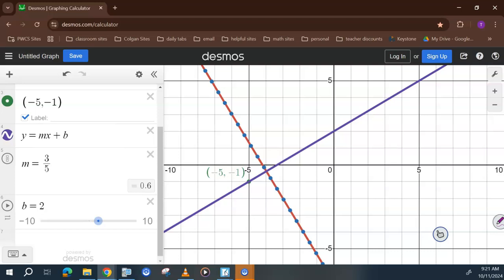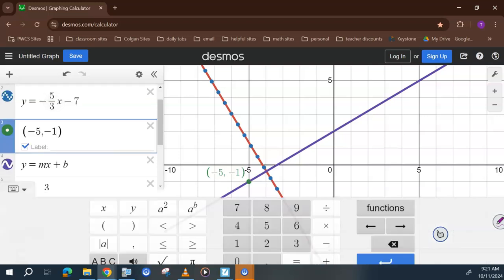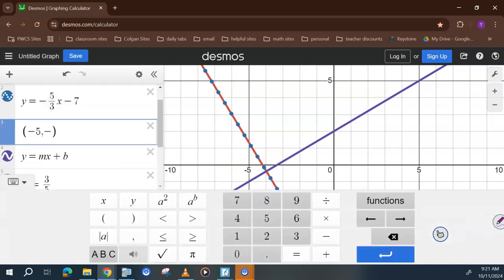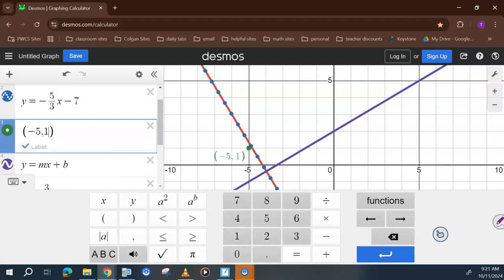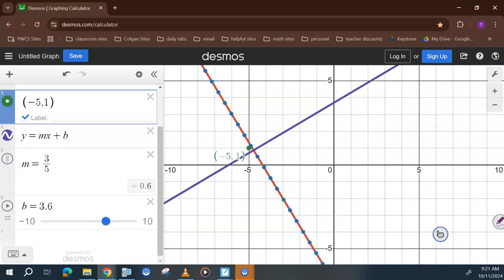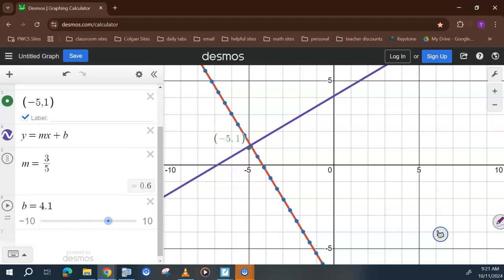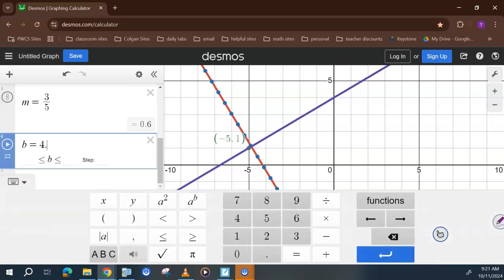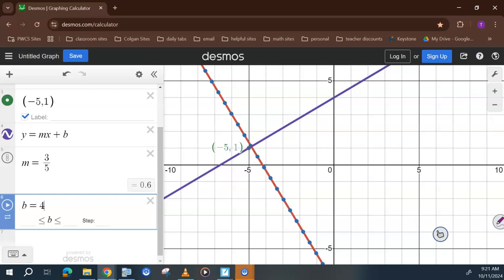Oh, because I also put too many things there. Hold on. And then I can see the equation we solved for is correct.